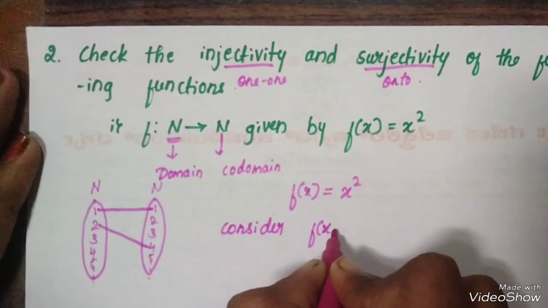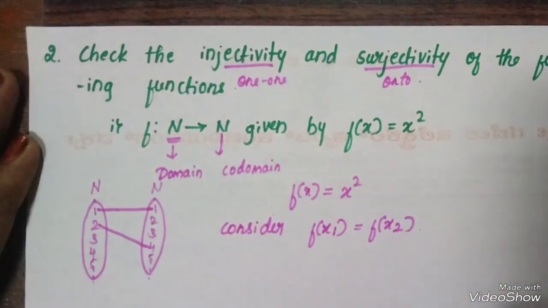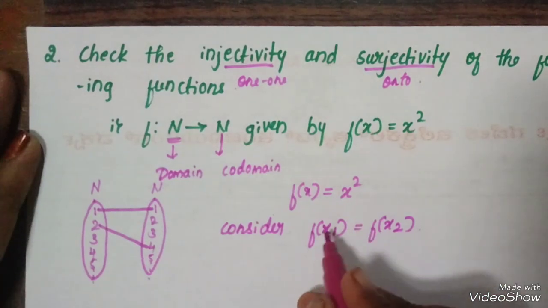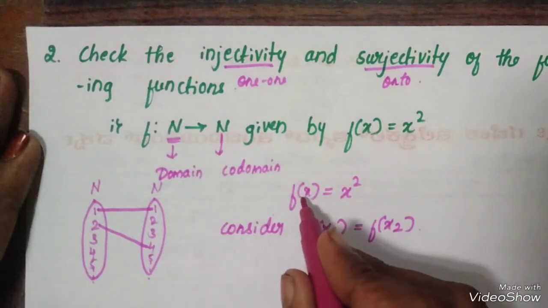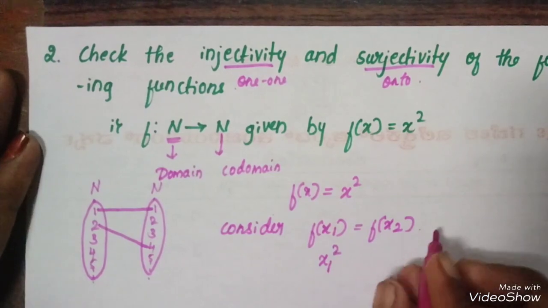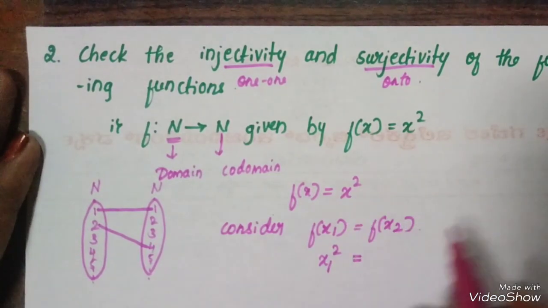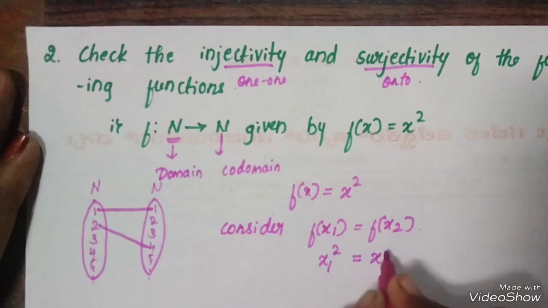Here consider f of x1 equals f of x2. Substitute x equals x1 in this function: x1 square, equals, substituting x equals x2, x2 square.